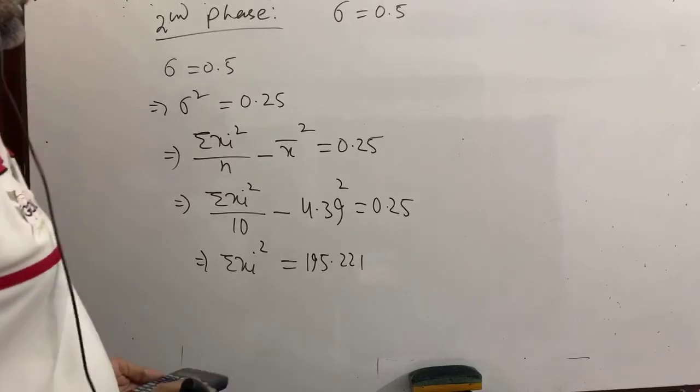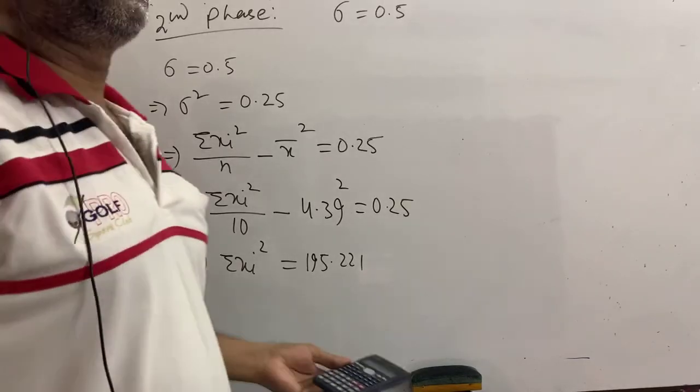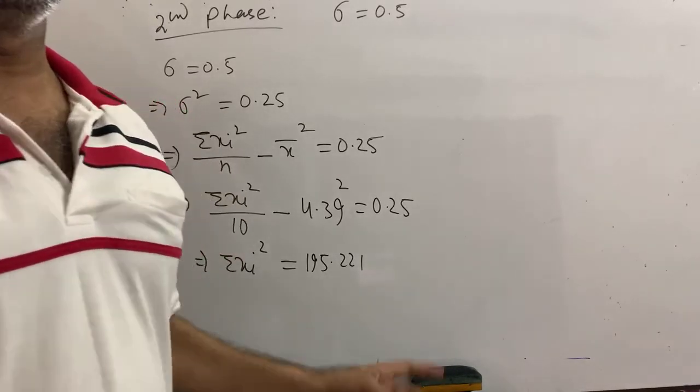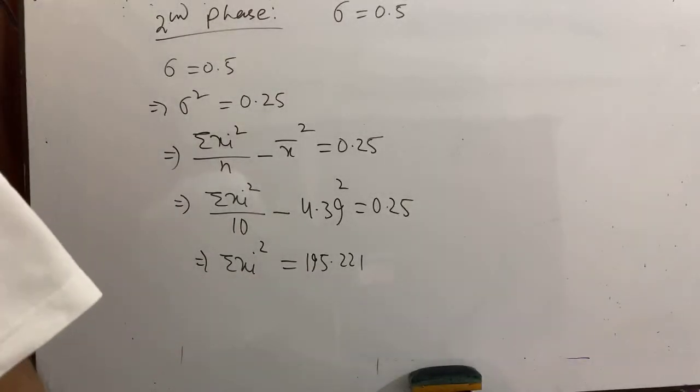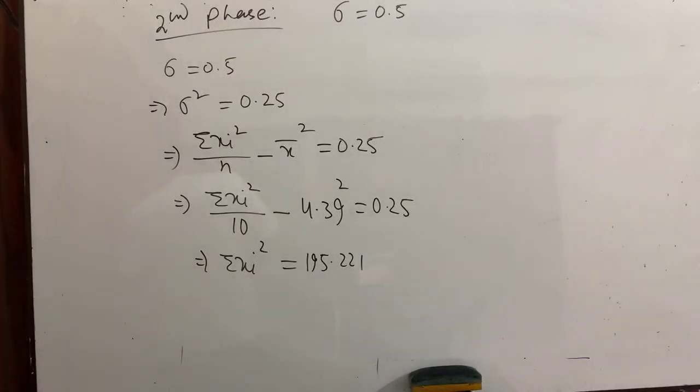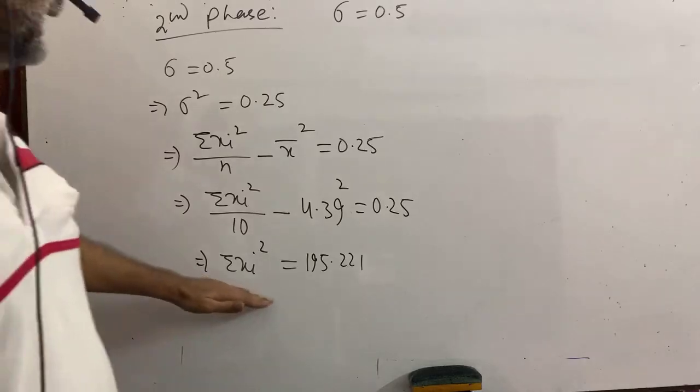We have got summation xi square. Please try to understand. Okay, I think you have got me, right?